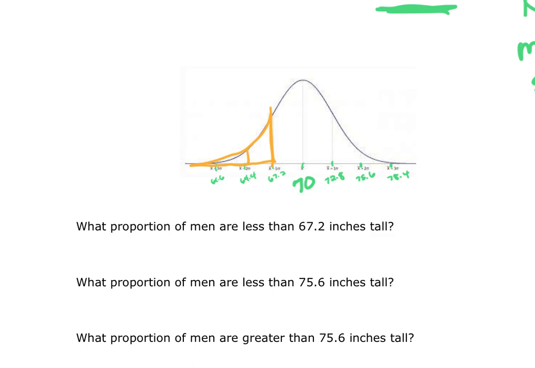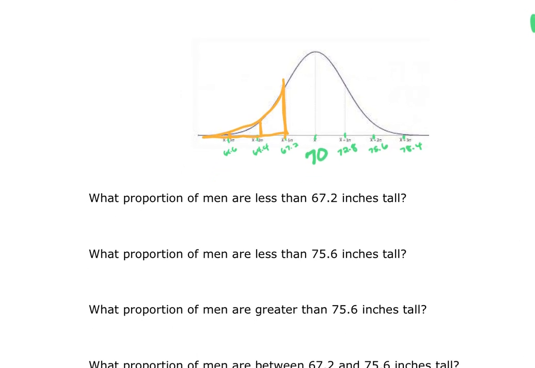So we have to look at each of those slices. We're doing 13.5, that's this slice, plus 2.35, plus, what is that small little tail at the end? 0.15. So we need to add all of that together.